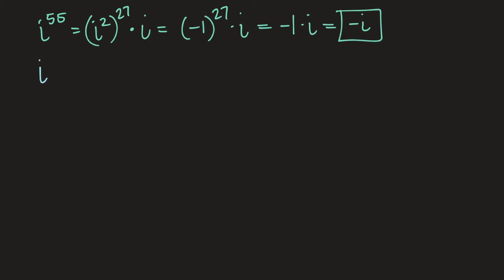Okay, we could do i to the 242. We have i squared. So that's even, so it's divisible by 2, so that would be 121. So we're going to replace i squared with negative 1 to the 121.